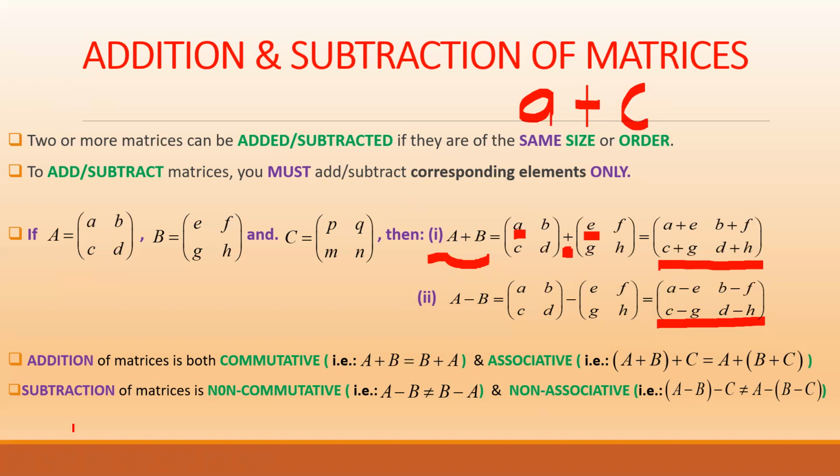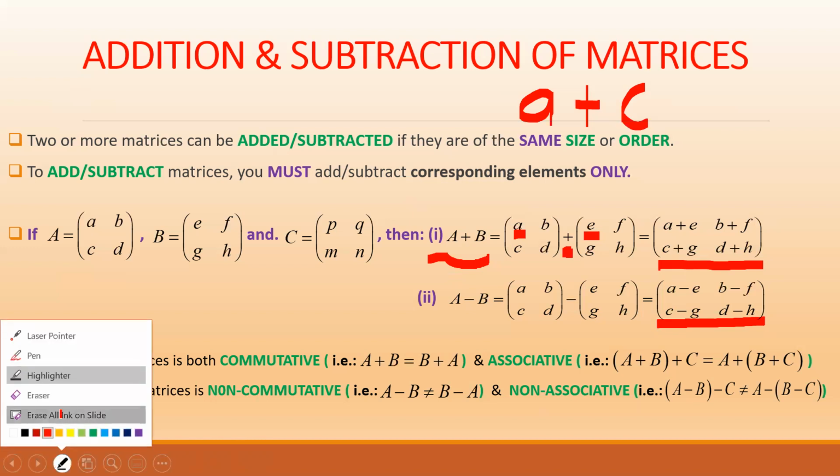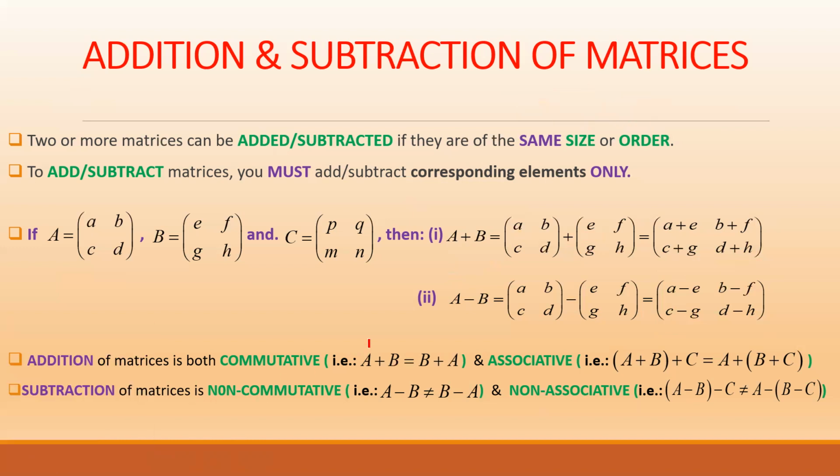Okay, guys? Now, we're not going to talk about the properties, the commutative and the associative property of matrices just yet. We're going to come back to that. We are focusing now on the principle of adding or subtracting the matrices, right? And the principle is that the matrices that you're adding or subtracting must be of the same size or order, right?